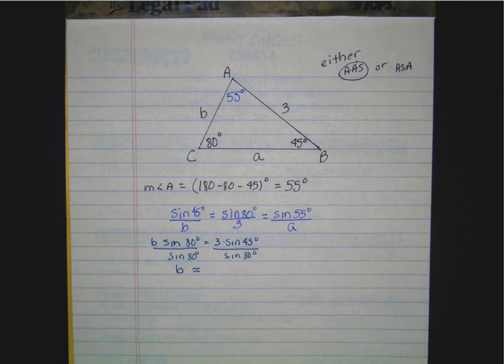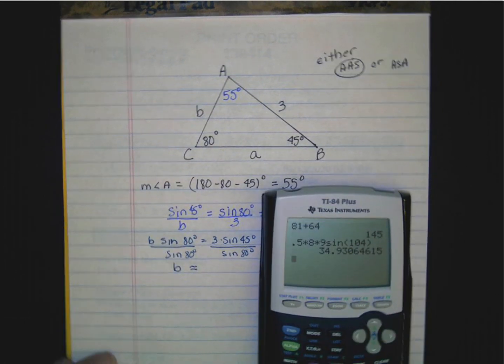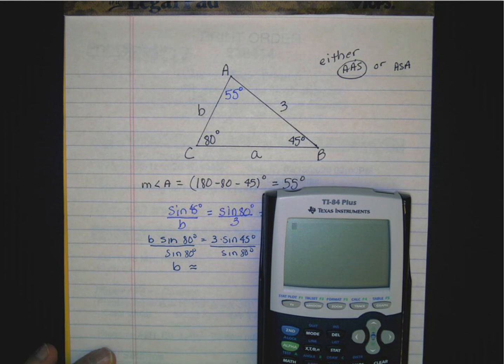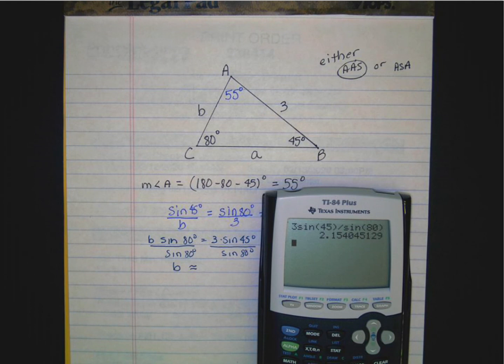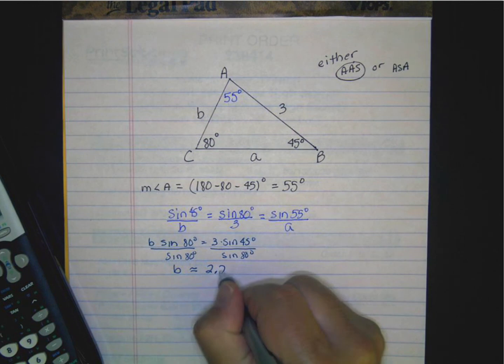Make sure my calculator is in degrees. So 3 sine of 45, close parentheses, divided by sine of 80 gives 2.15, so about 2.2. So the value of b is approximately 2.2.